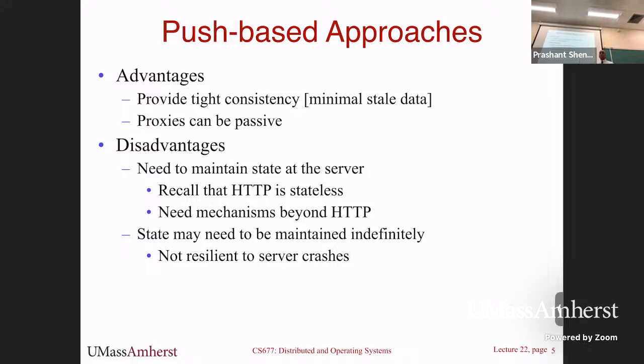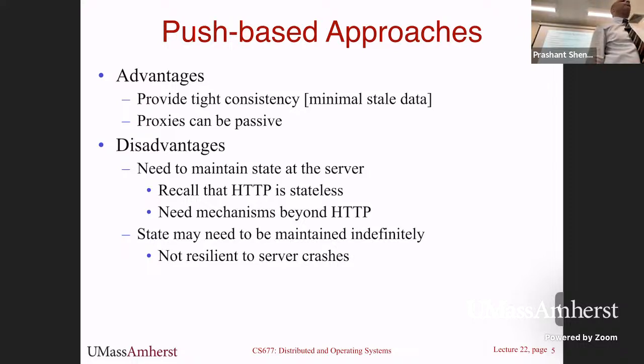The second problem is the state may need to be maintained indefinitely, where the server does not know when it can stop sending invalidates or updates to a proxy. When the proxy no longer gets any request for this content, or it uses cache replacement to replace that content, that's the point the server can stop. But there's no mechanism in server push for the server to know when that has happened at a proxy.